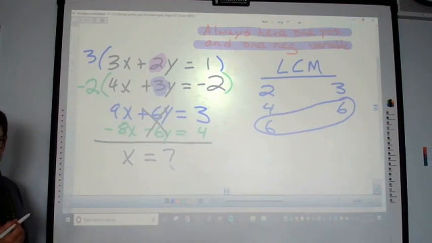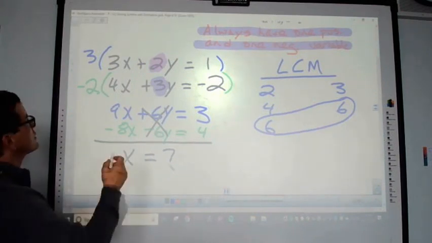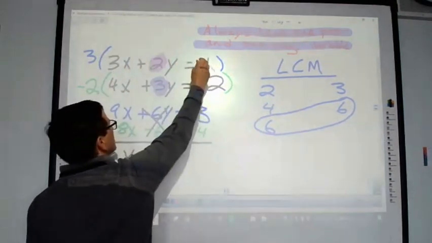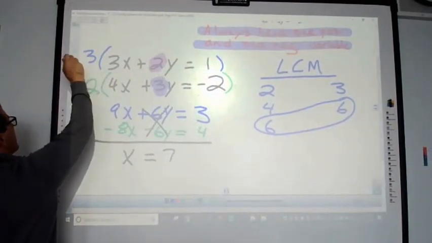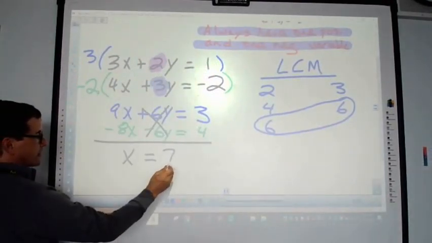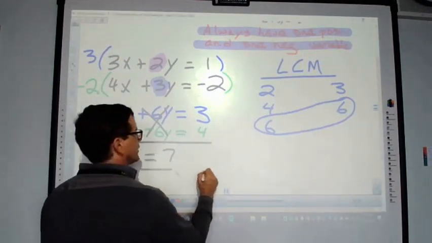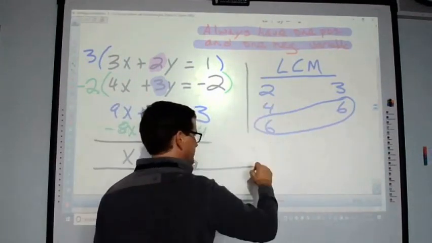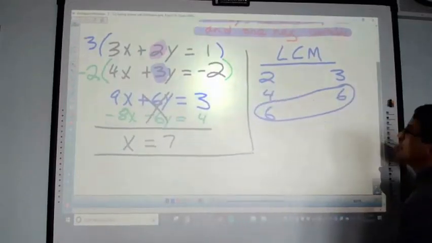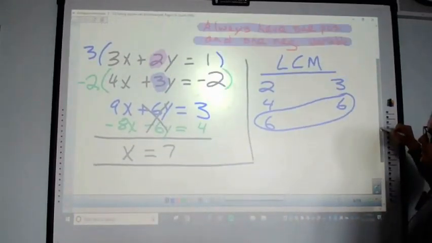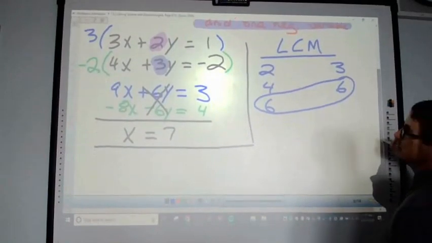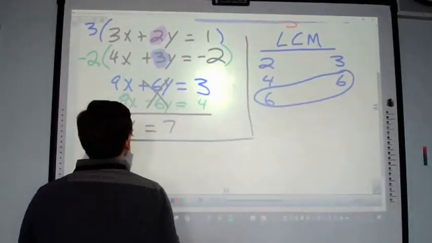The top equation does not have any negatives, so I'm going to take the top equation here and plug in this 7. So I'm going to again draw a little dividing line so I can keep stuff straight. So we did that little nugget of information there. I'm going to plug into the top equation.